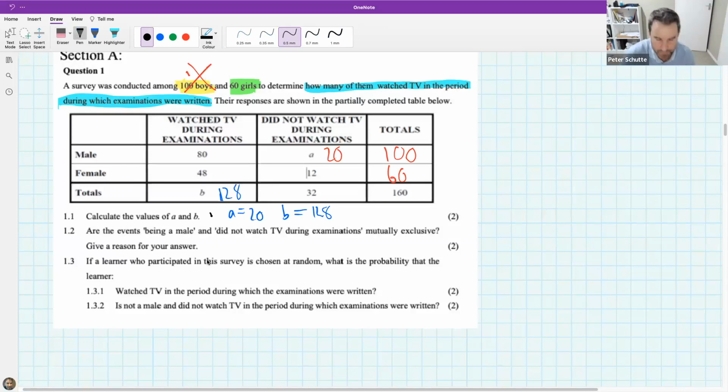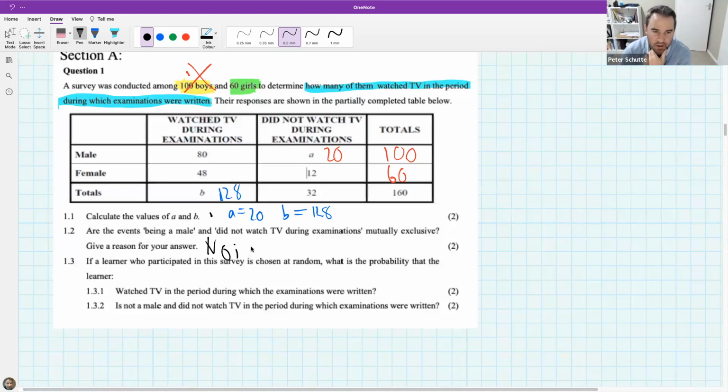I agree with you. So it is no, but why not? Well, if I look at my table and I look for male, you can be a boy and not watch TV during exams. Exactly, Lorato. I could not have said it better myself.